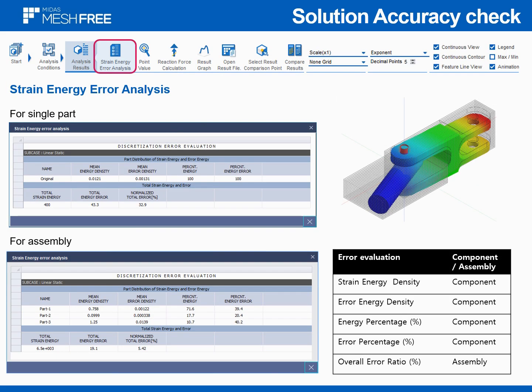So how to measure energy? How to measure error? I'm sorry for that, I just misspoke. How to measure error in Midas MeshFree. Basically, we have to go to the tool called strain energy error analysis, and we are measuring discretization error, which is error connected to strain energy.